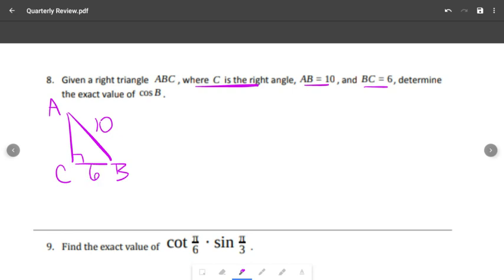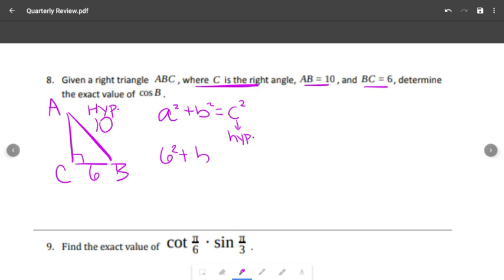To find the missing side, we can do Pythagorean theorem. Remember, your C has to be your hypotenuse. And the hypotenuse is always opposite the right angle, so that would be the 10.